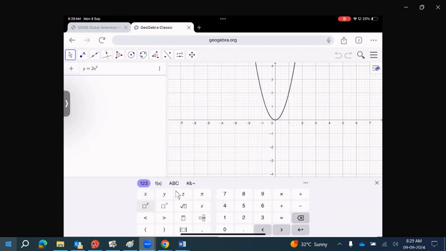Two x squared plus 4 divided by x minus 4. Was it the other way around?